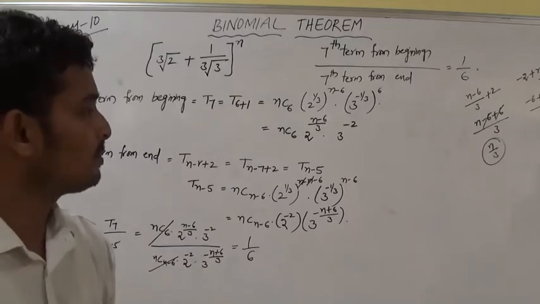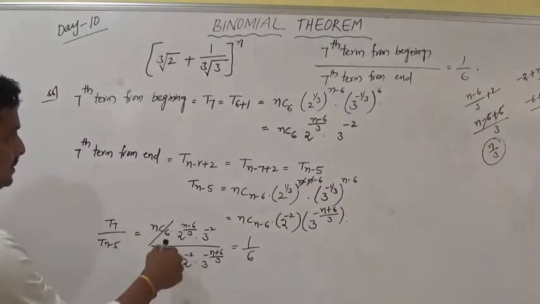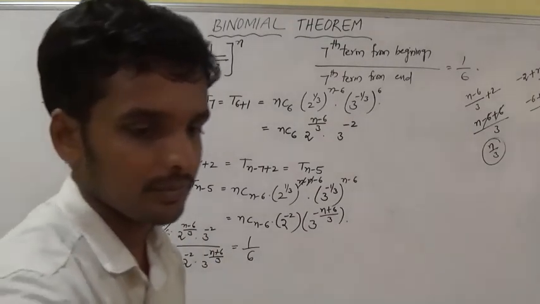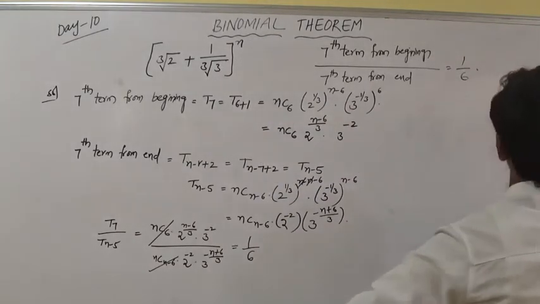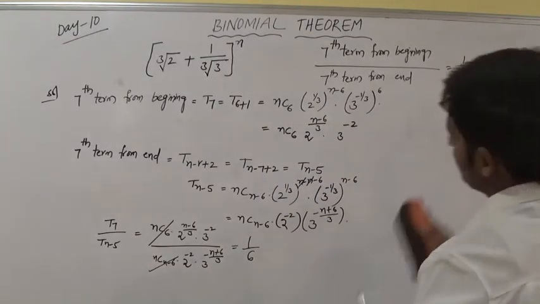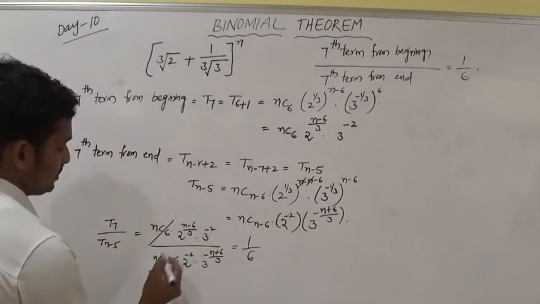If you simplify this, you can simplify yourself. I am erasing this. So we can simplify 2 power (n minus 6) by 3 into, so I am simplifying.